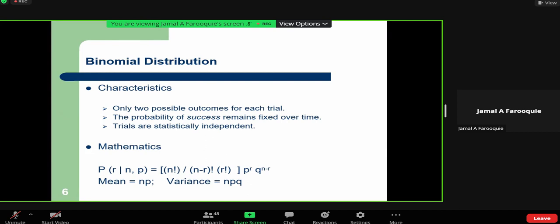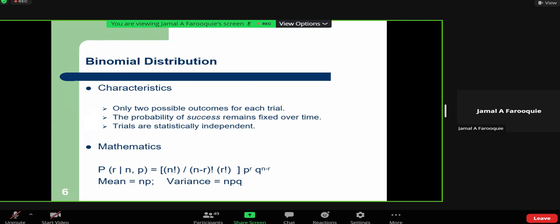For example, if we ask what is the probability of having two tails in two tosses, two tosses means small n is 2 because the number of trials is 2. R will be 2 because here getting a tail is a success. So r is the number of successes.